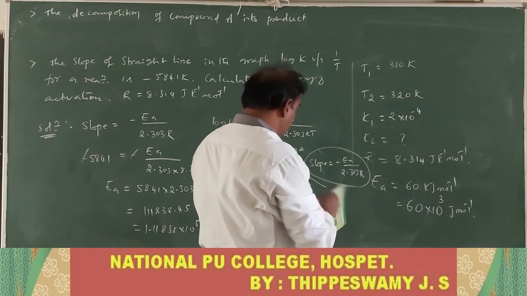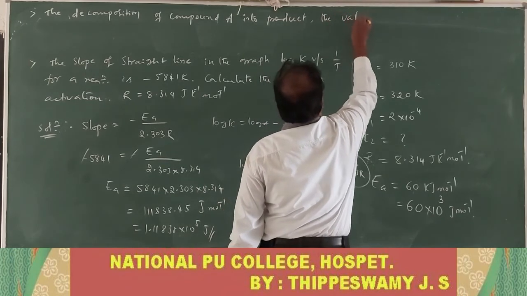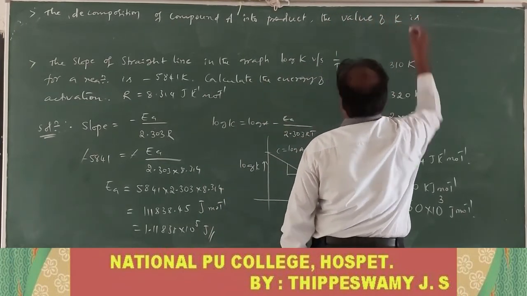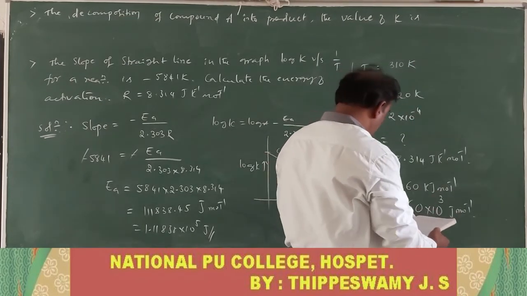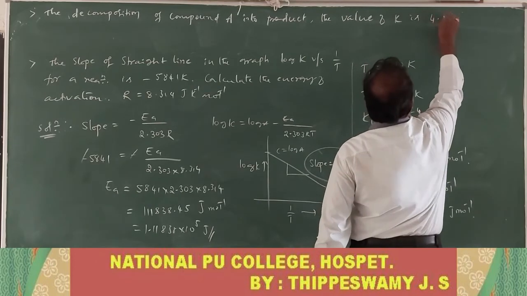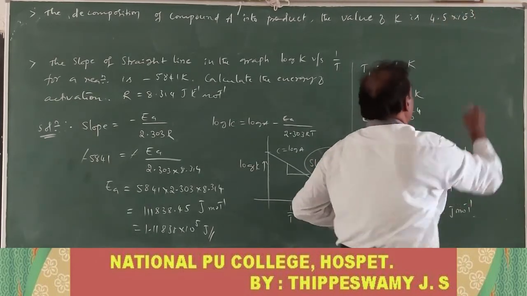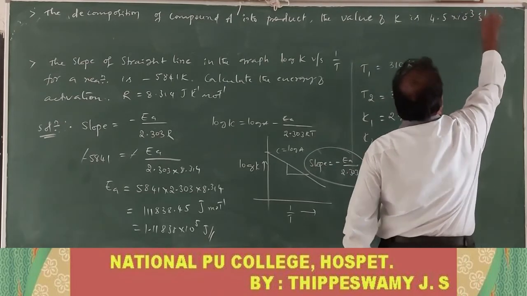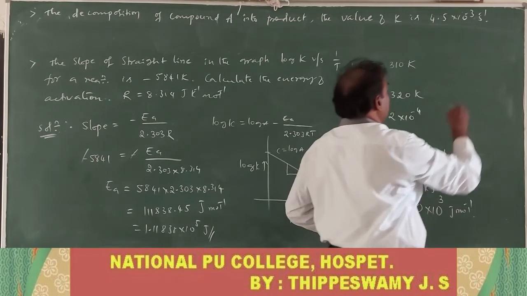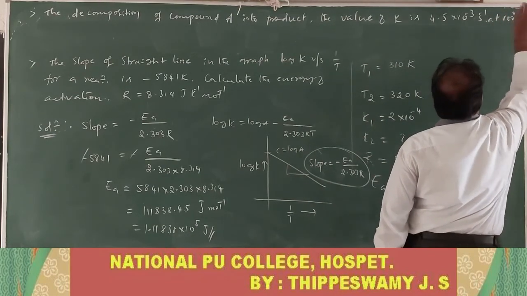The value of K is given, it is 4.5 into 10 to the power minus 3 per second at 100 degree Celsius.